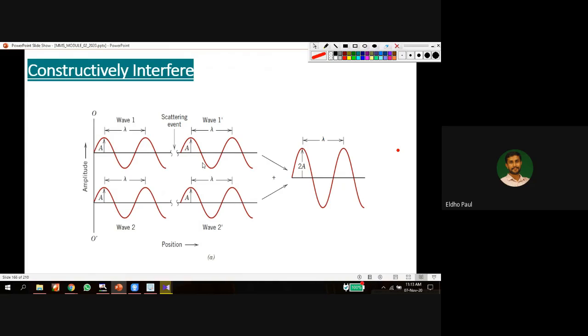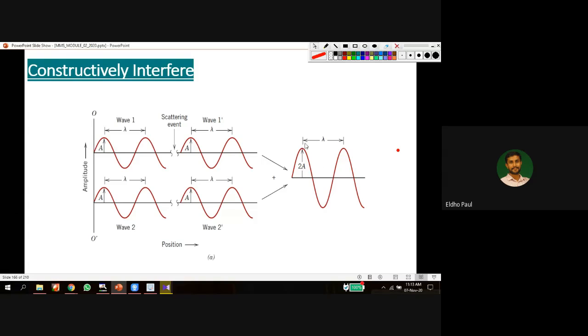When these two waves interfere constructively after scattering, this is the resultant wave.